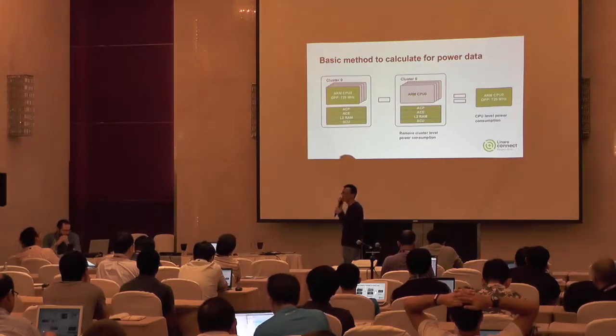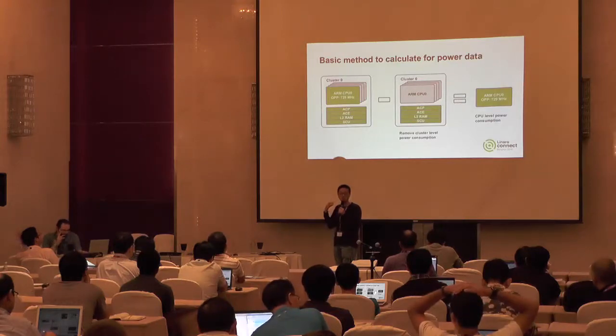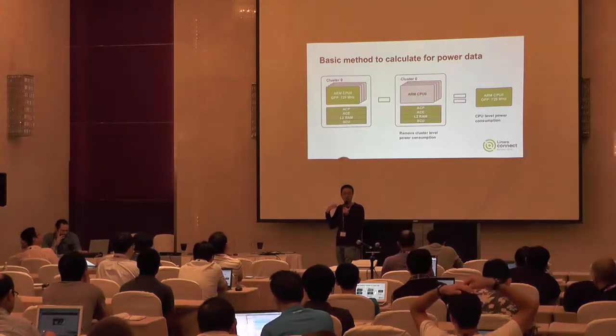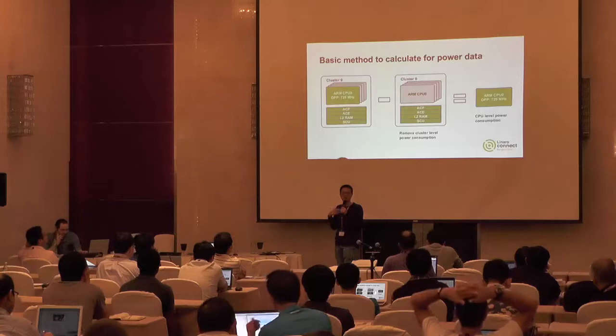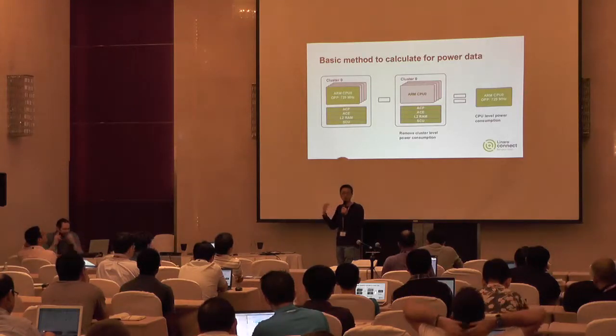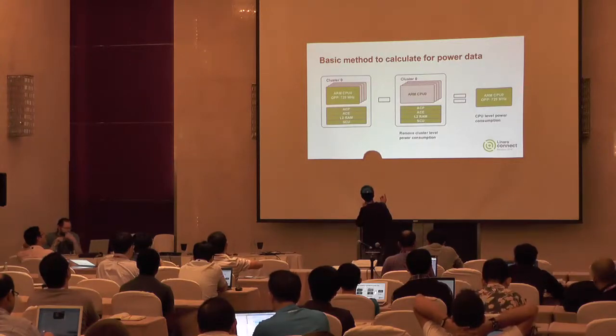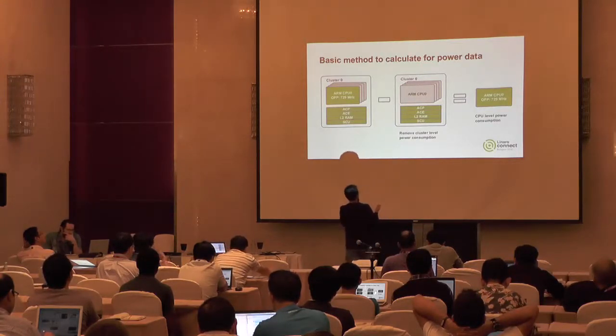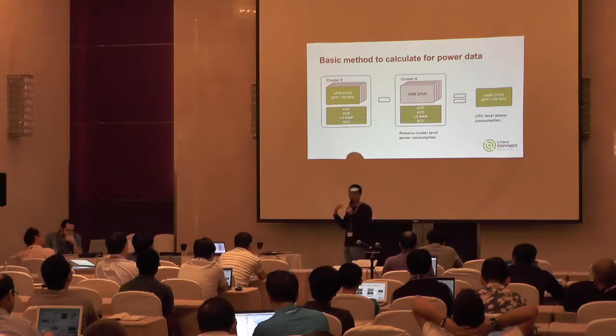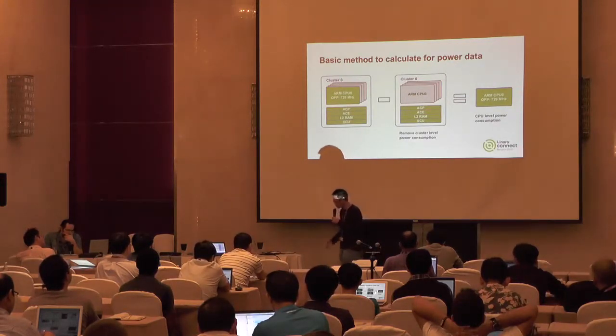But when we measure this power data, it actually includes the cluster level's power data as well. So if we want just the CPU level's power data, we need to subtract the cluster level's power consumption. Finally, we can get the CPU's operating point power consumption.